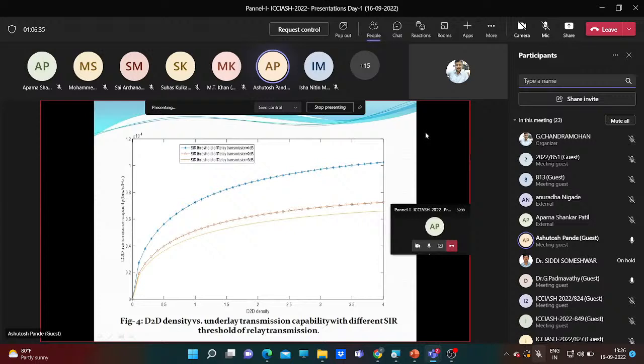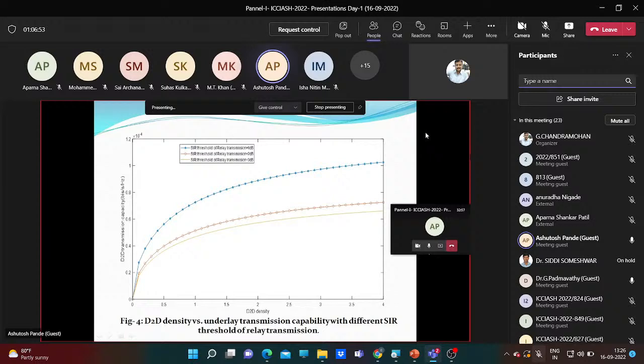Now in this figure, this is figure number 4. Again, analysis is done between device to device density and underlay transmission capability with SIR threshold of relay transmission at the same maximum distance of 100 meters.